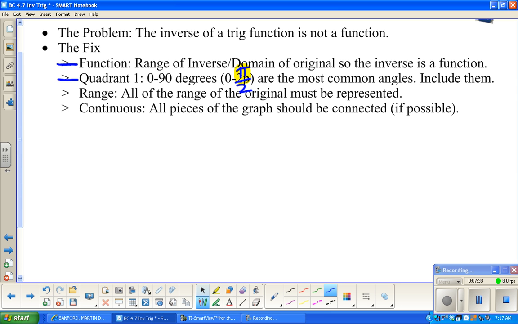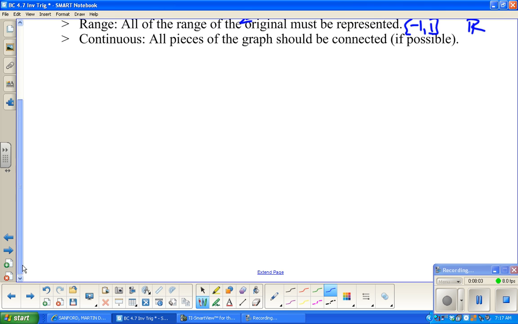So from 0 to pi over 2, sometimes it's going to include the 0 and the pi over 2, sometimes it's not. And then the range has to include all of the range of the original. In other words, if sine originally goes from negative 1 to 1, then we have to include it. If tangent originally includes all real numbers, then we have to include it. And we would like it to be continuous.